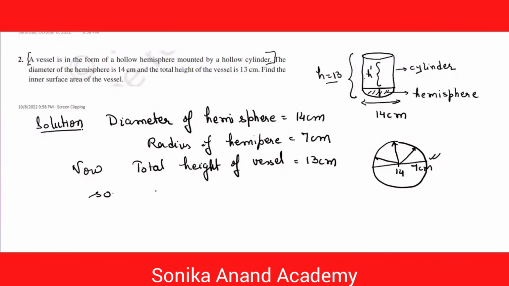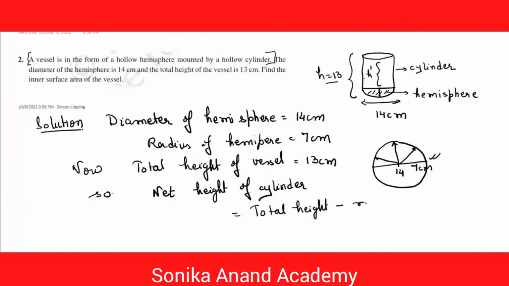So net height of cylinder is equal to total height minus radius of hemisphere. That means 13 minus 7, that is 6 centimeter.